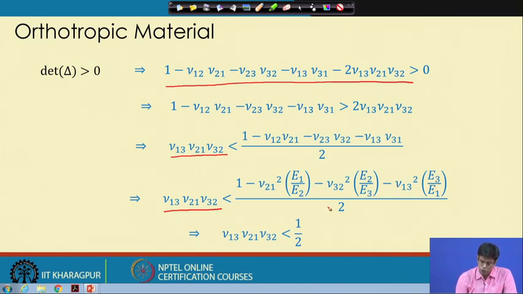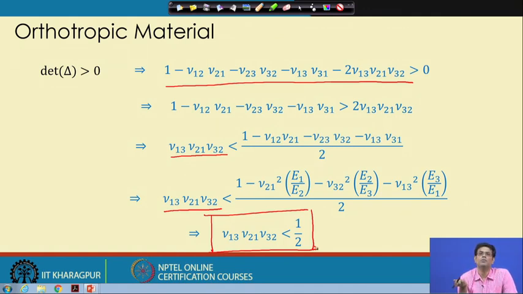So, divided by 2. Now, see these quantities: since E1, E2, E3 are greater than 0 and these are squares, this finally gives me the restriction that the product of all 3 Poisson's ratios should be less than half. So, this actually says that Poisson's ratios cannot be arbitrarily large.